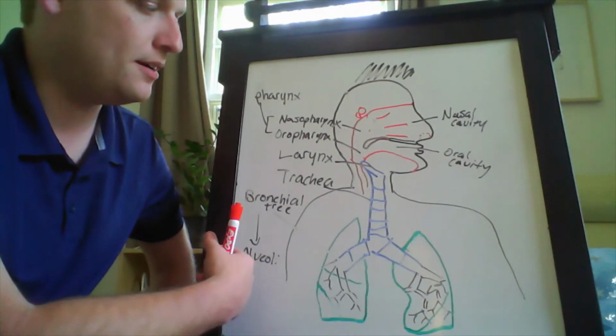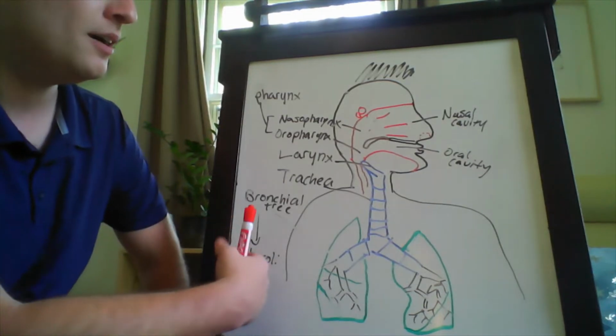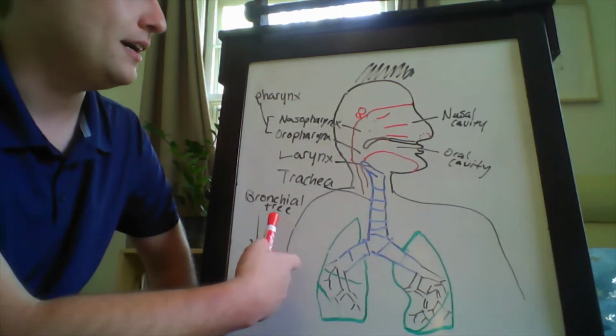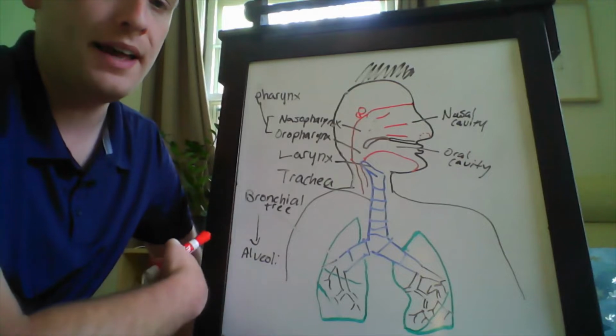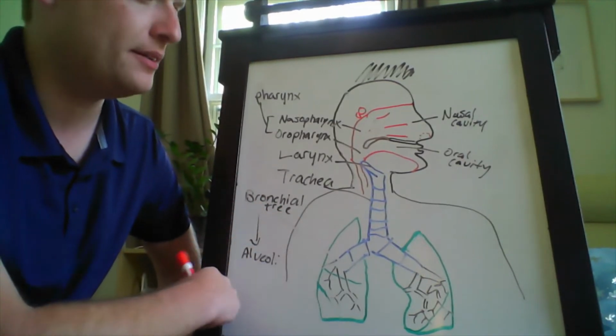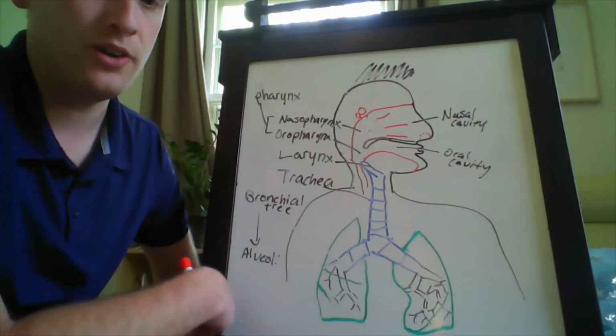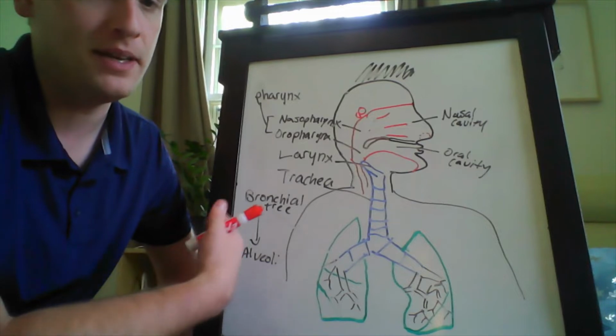Another thing that's important to note about the nasal cavity and this turbulent airflow is that it's going to warm and moisten the air that's coming into your body. We don't want the mucus in our respiratory tract to dry out. We want to keep it moist.